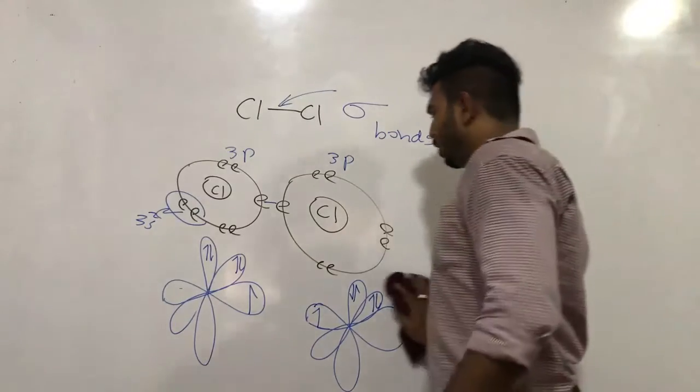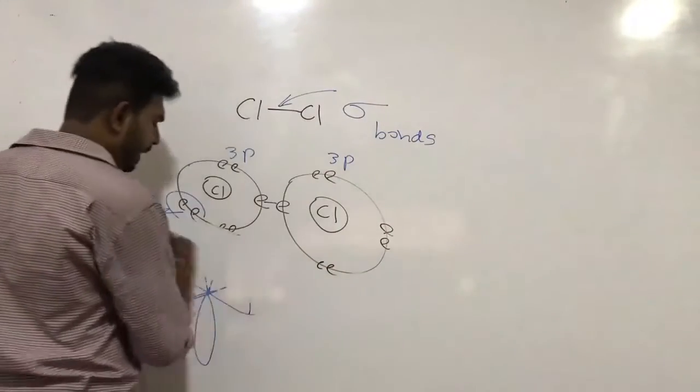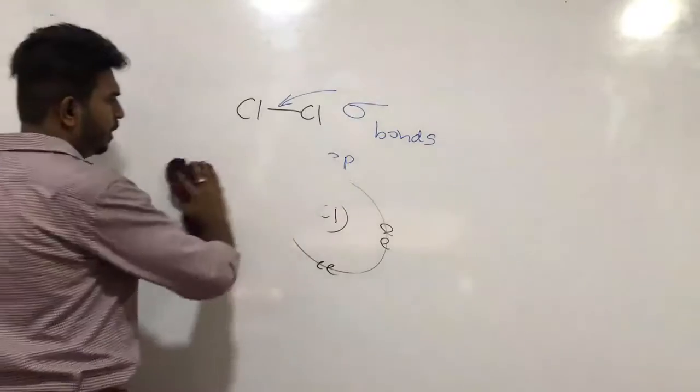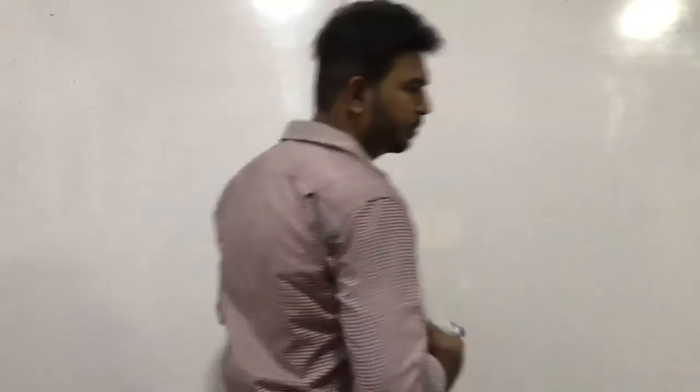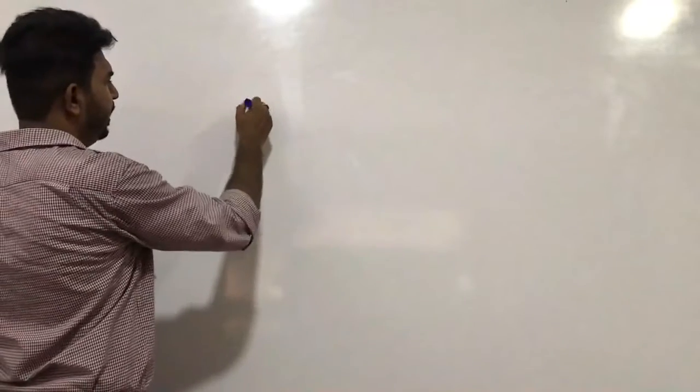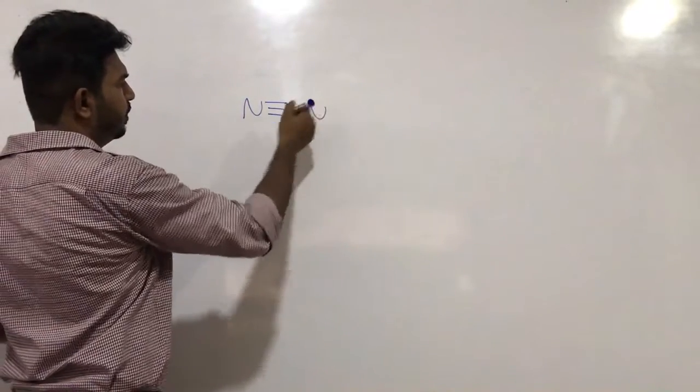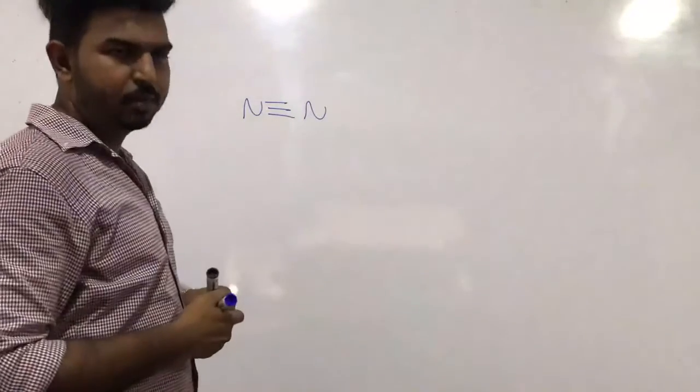Let's assume the bond formation between nitrogen atoms. We know that there are 3 bonds between nitrogen atoms.